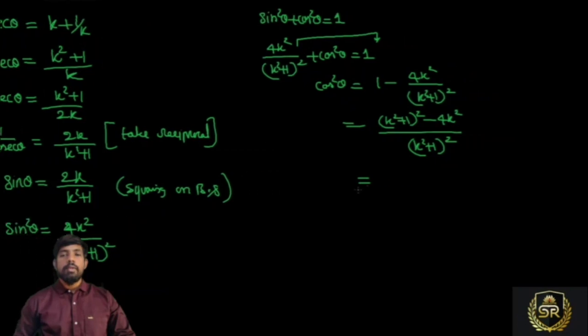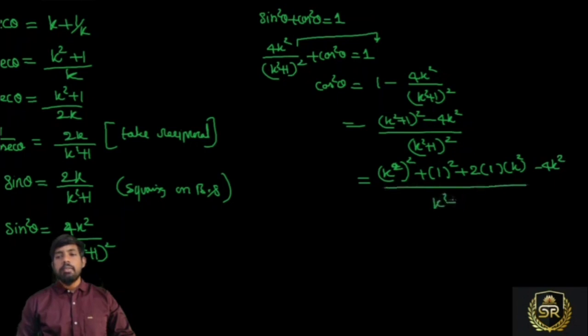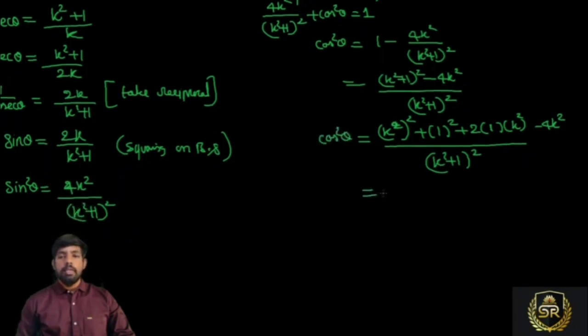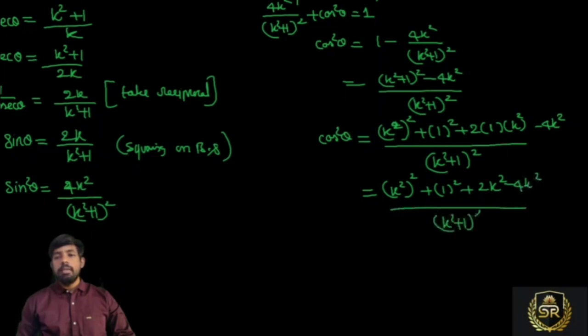Now expand the a plus b whole square: a square is k to the power of 4, plus b square, plus 2ab, where a is 1 and b is k square. This is cos square theta. Now k square whole square plus 1 square, plus 2k square minus 4k square, by k square plus 1 whole square.